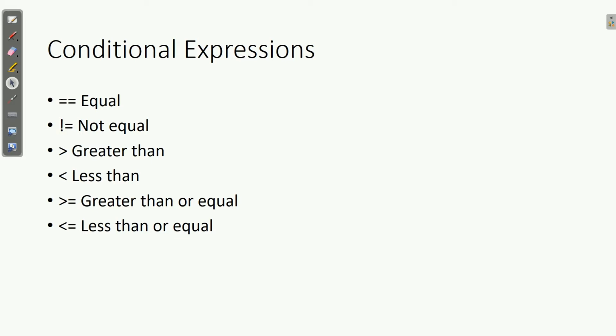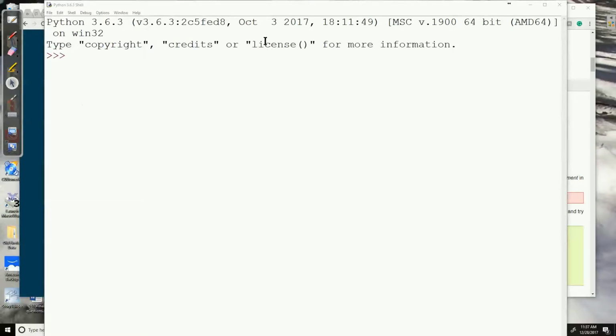Let's start by looking at doing some comparison in IDLE. So I'm in IDLE, and I'm going to start comparing a couple of things that we know should be the same. So I'm going to say 3 equal 3. And when I enter, it says that's true. Well, no surprise there. 3 equal 4.